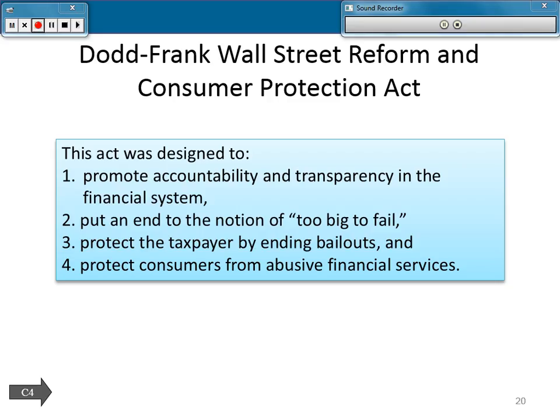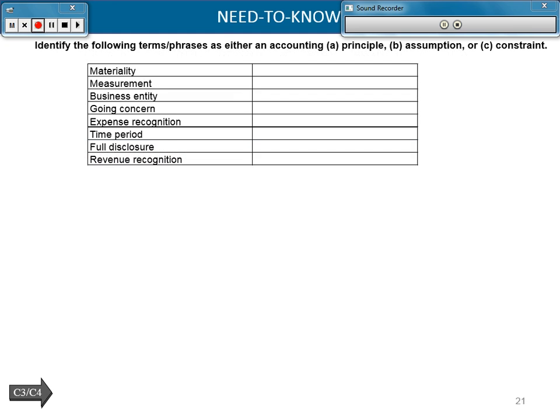A lot of people lost their homes, a lot of people had to file bankruptcy, and a lot of people lost a lot of equity in their homes. Even if they were able to keep them, the equity was gone. They couldn't sell their homes, so there were a lot of implications. And the Dodd-Frank Wall Street reform protects consumers against those types of things like bailouts.